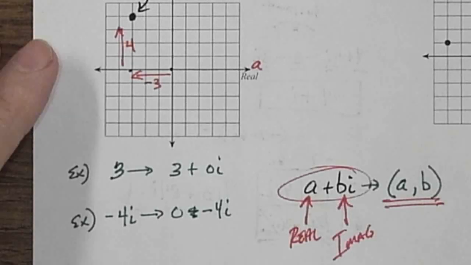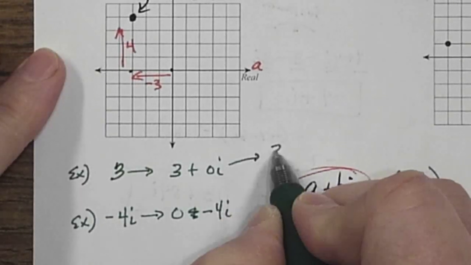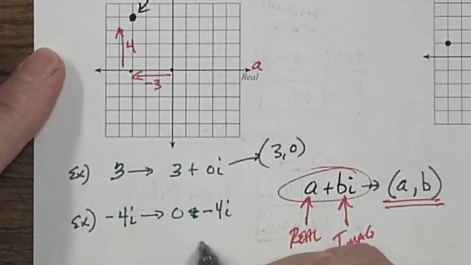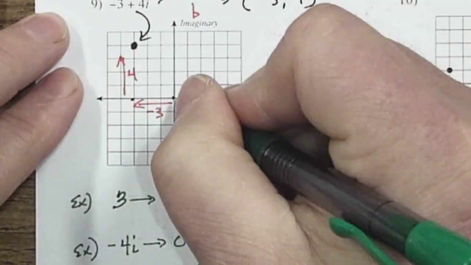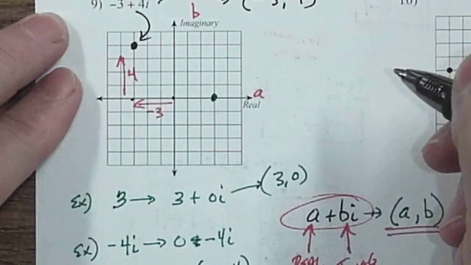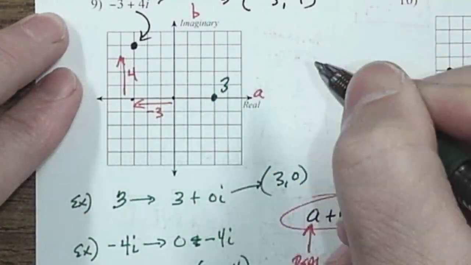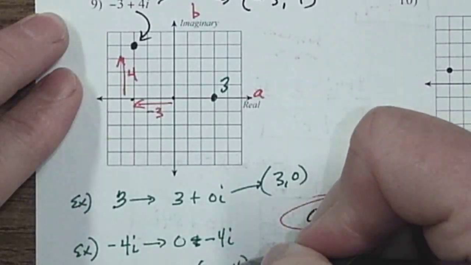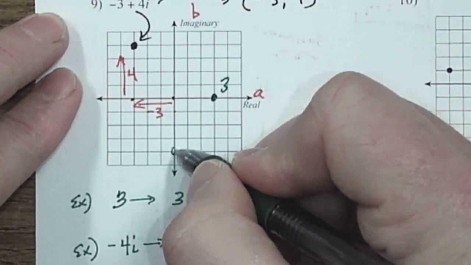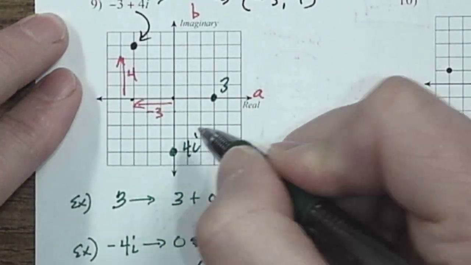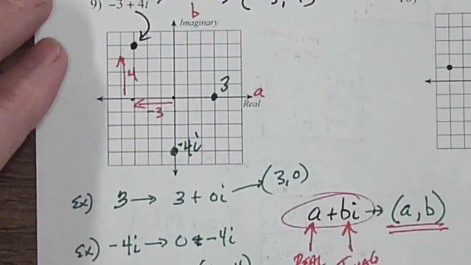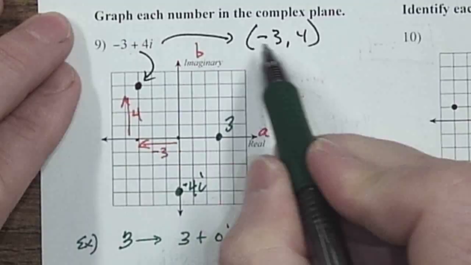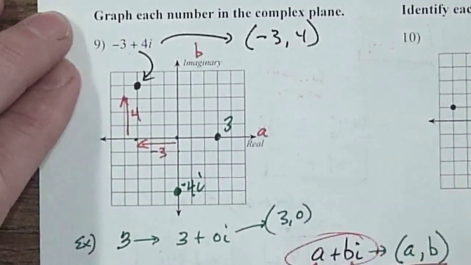If I think of that, then I will think of this as 3, 0, and this as 0, negative 4. And so it will be graphing as 3, 0. This is where 3 is. And 0, negative 4, 1, 2, 3. This is where negative 4i is. So each ordered pair should be considered graphing as if it were an x, y.